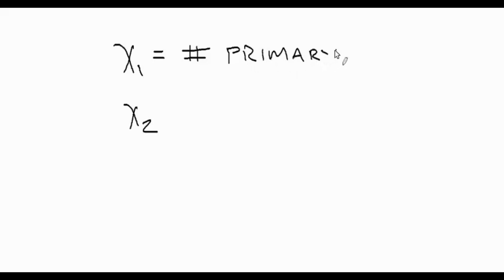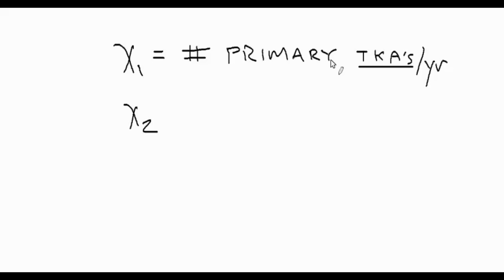We're going to have two, x1 and x2. x1 is going to be the number of what are called primary total knee arthroplasties, that's TKAs, per year.